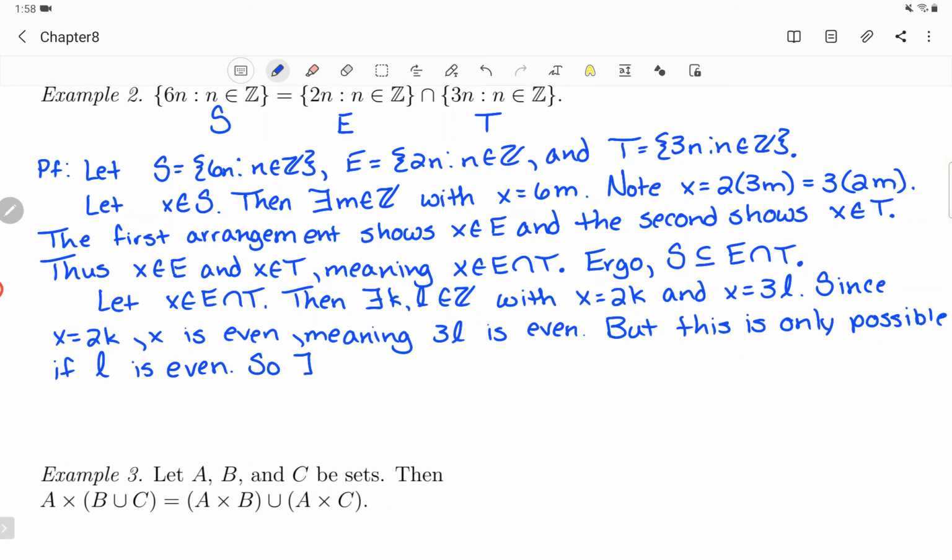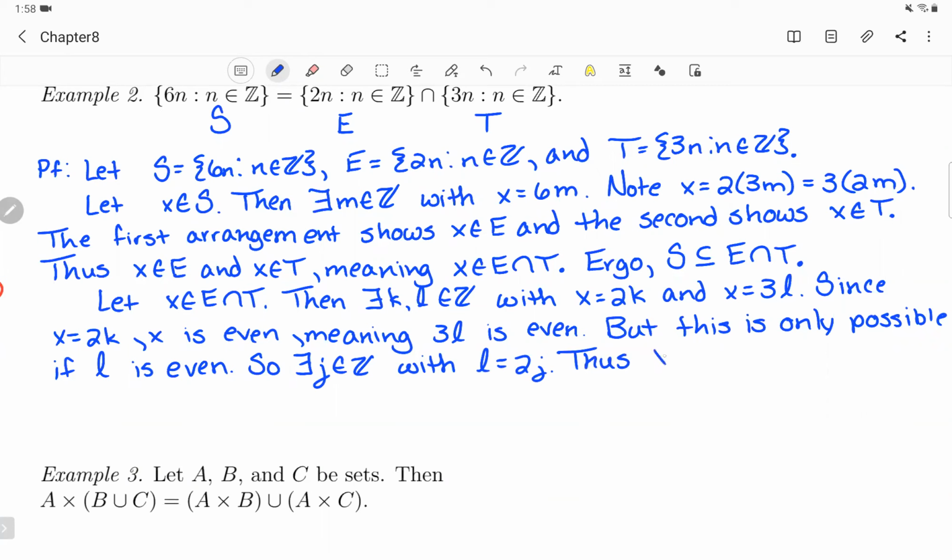So there exists, what haven't we used? Let's use j. There exists j in the integers with L equal to 2j.